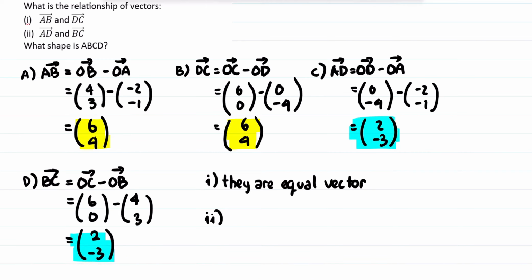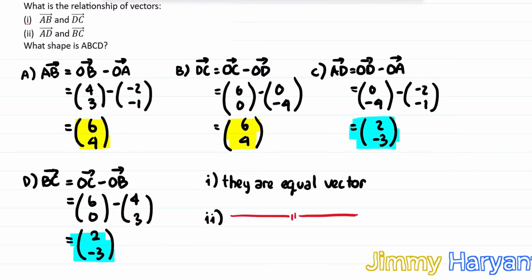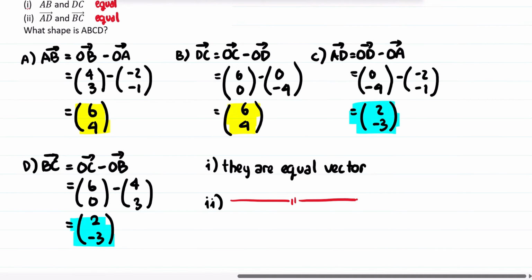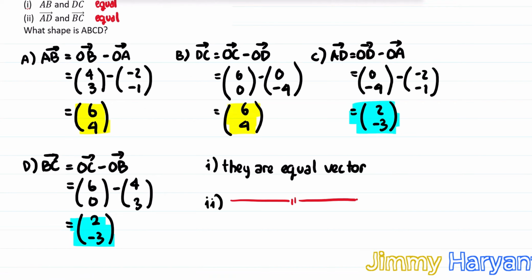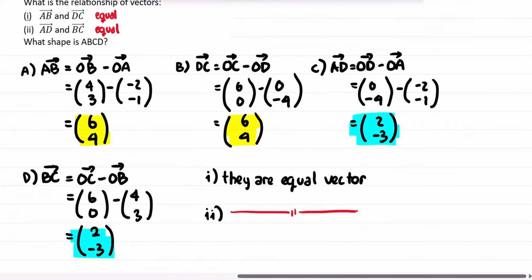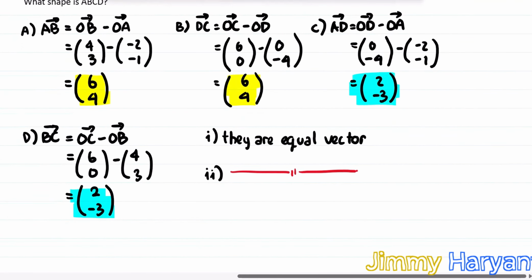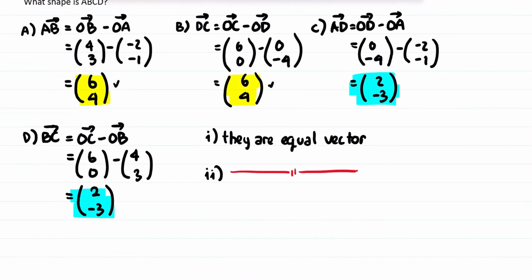It's the same. They are equal vectors also. Oh, we still have the last question. What shape is ABCD? So AB equals DC, and the values are exactly the same. That means I can tell that AB and DC are equal vectors and also equal in magnitude.